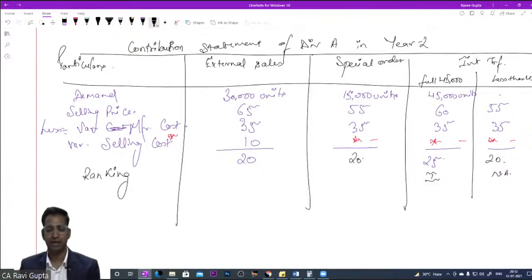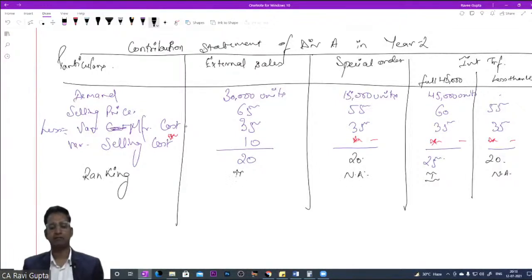So if we see that there is a higher contribution from supplying fuller capacity, it will be 25 rupees. So it is not applicable. Here the ranking will be done, but we have only 5,000 units and it is not going to accept those 5,000 units. So this is also not possible, not applicable.